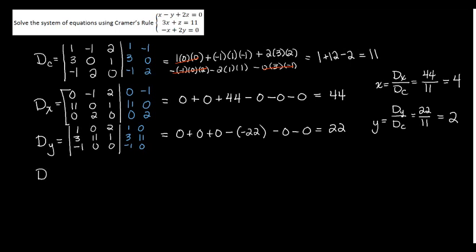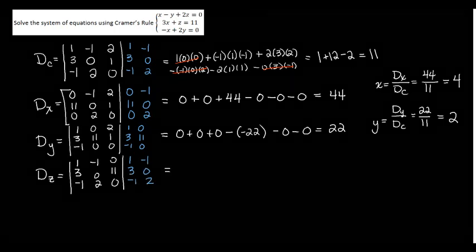Now we'll solve for z. So we'll replace the z column, leaving the rest the same. So the z column becomes 0, 11, and 0. I'll append on the first two columns to use the crosshatch method that only works for 3 by 3.